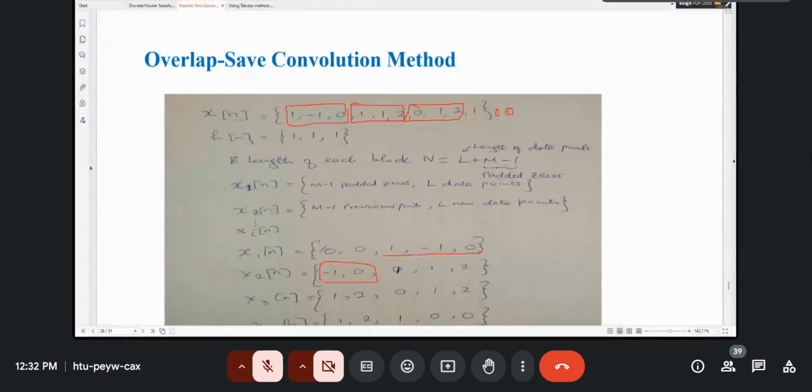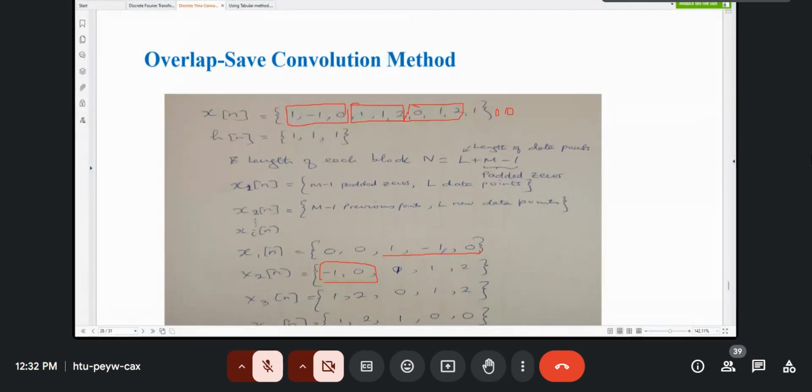You get the last two samples of the previous sequence, and then you add the new sequence. For the first sequence, there are no previous samples, so instead you use 0, 0, just the m minus 1 zeros.